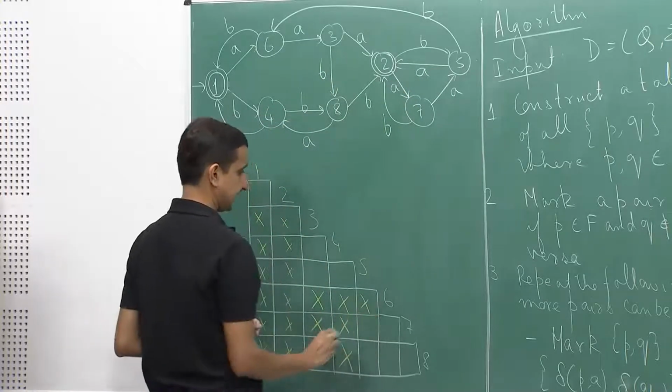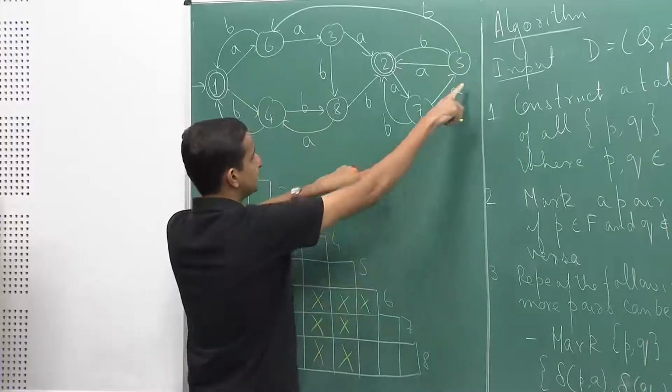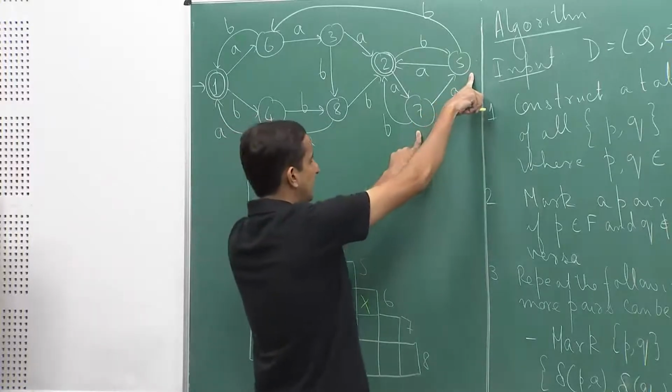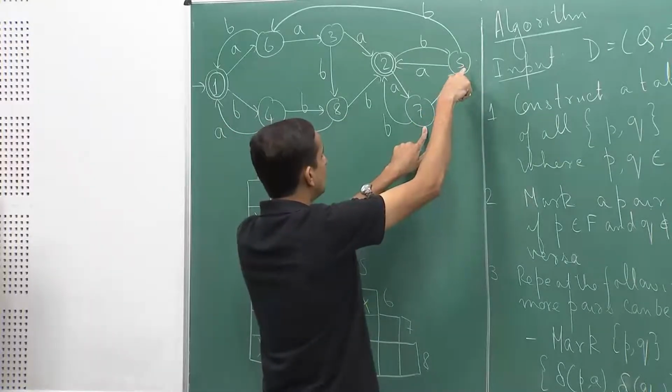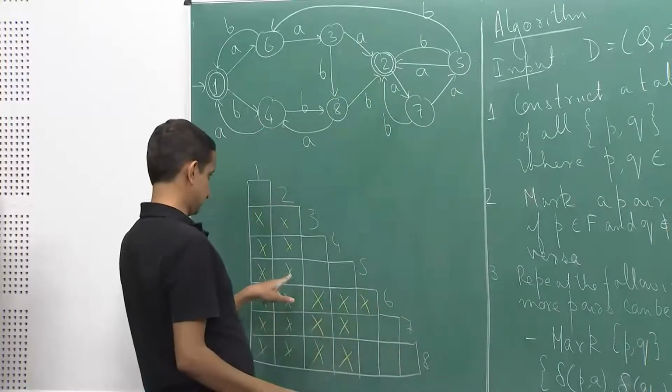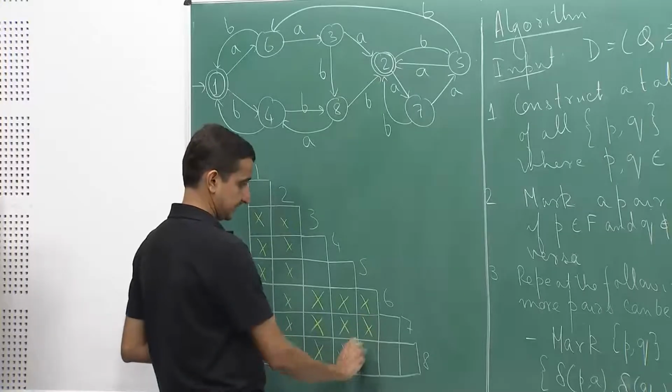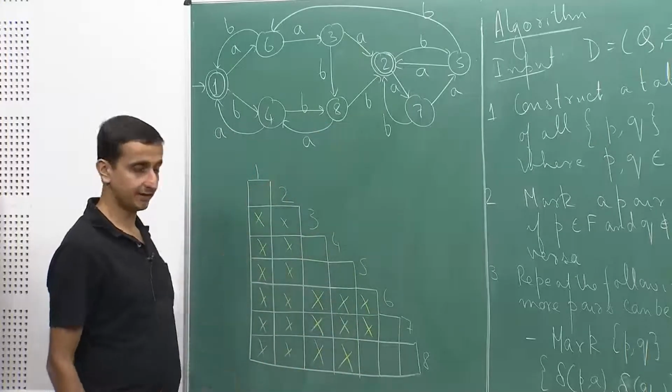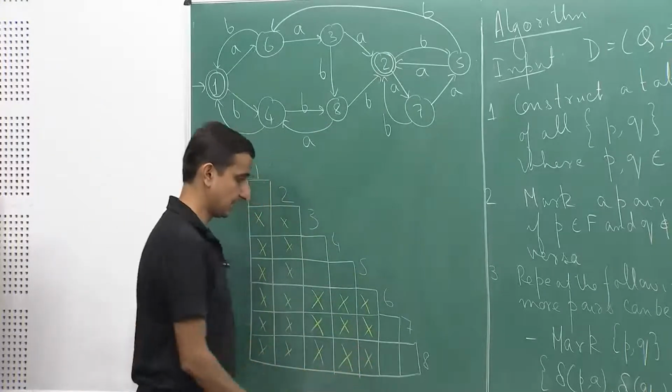So, (5, 6) gets marked. From (5, 7) on a, we go to (5, 2), which is marked, hence this gets marked, and also you can check that (5, 8) will get marked.